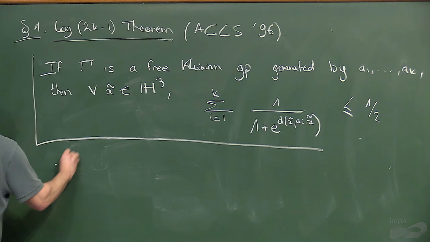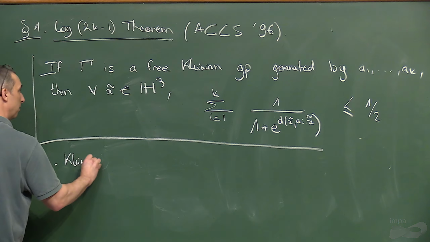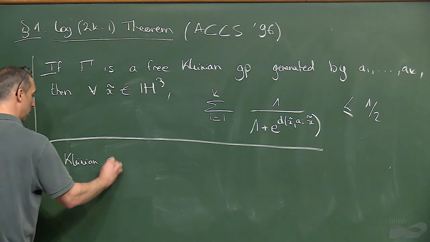What is a Kleinian group? This is a discrete subgroup of the isometries of H3 which preserve the orientation. And then what do I mean by a free Kleinian group generated by a1 to ak?